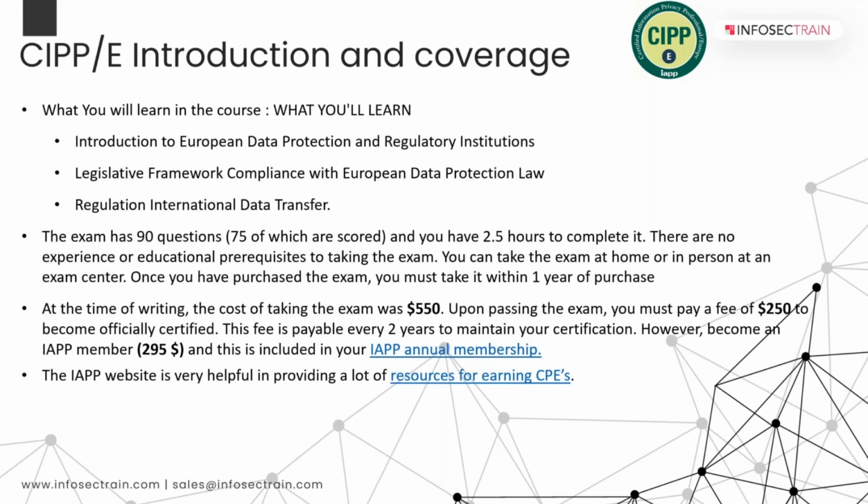So just to give you a quick walkthrough of what this exam is about: this exam has around 90 questions. It's a professional certification, so you have 2.5 hours to crack this exam, and you need to score 300 out of 500. The scaling of the score starts from 100.